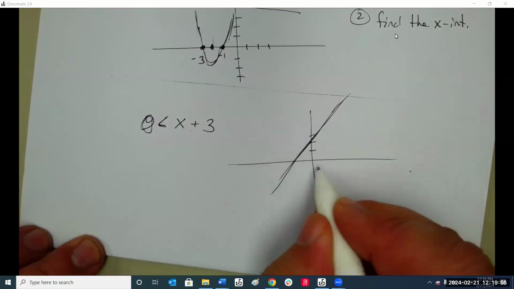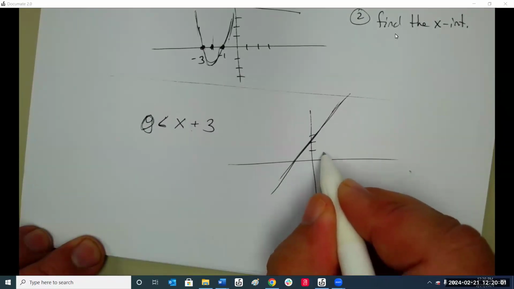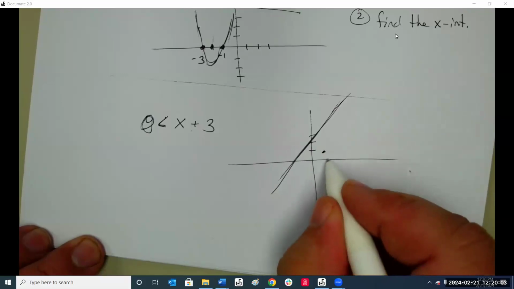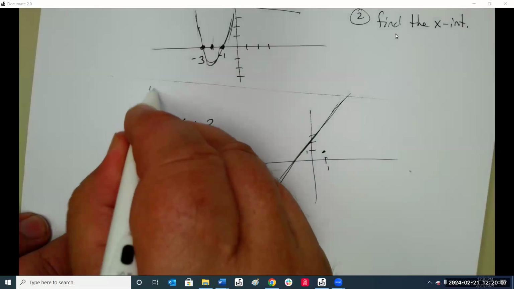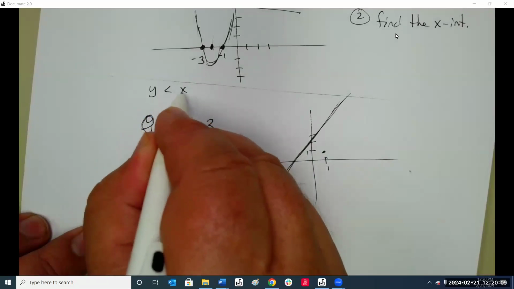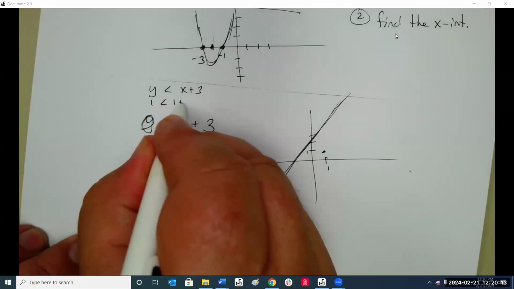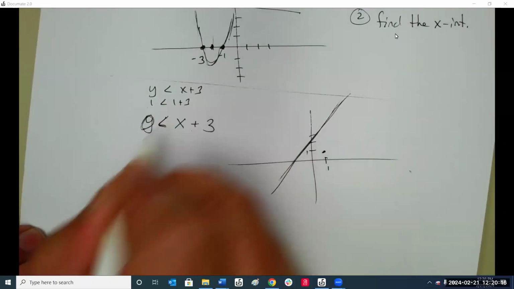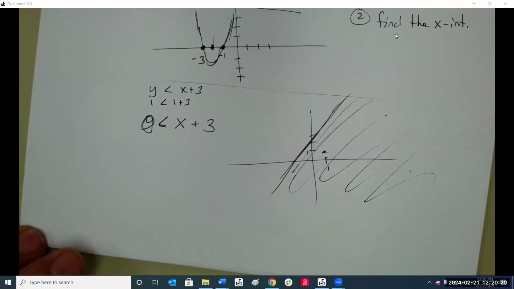So we pick a point. Let's pick a point here, at (1, 1). Plug it back into our original equation. So it's 1, 1 plus 3. Is 1 less than 4? Yes, so since that's true, all of these are your solutions.